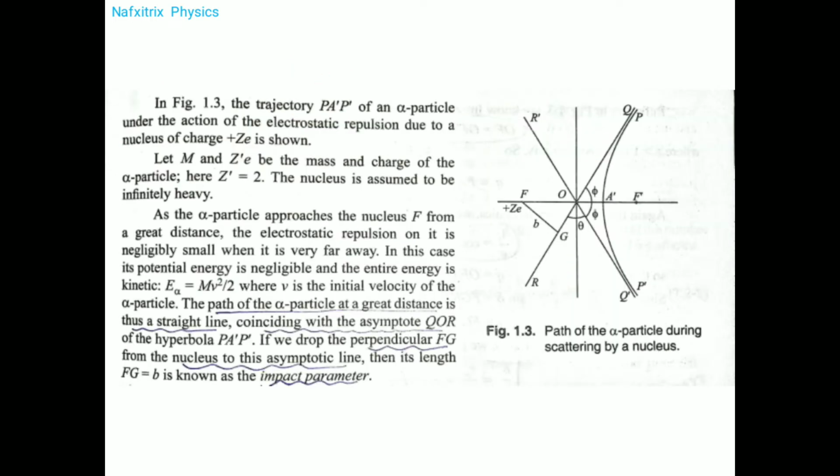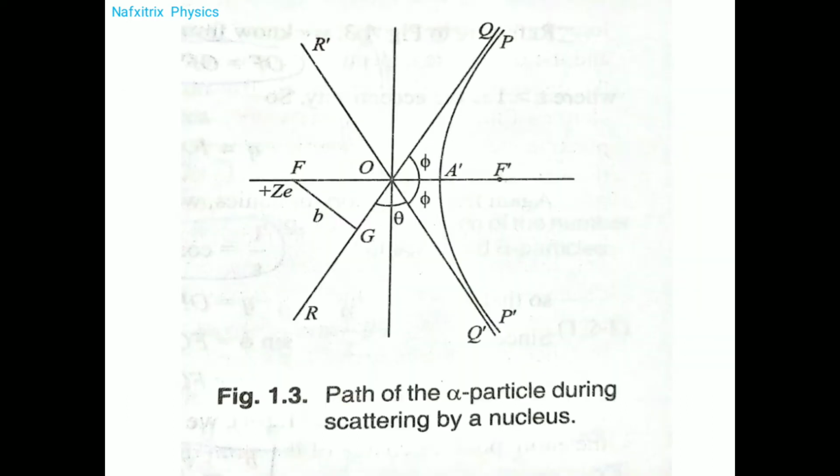That we could see from this diagram. Here you could see this is the hyperbola and this is the focus of this hyperbola. Actually the nucleus is located here, only one nucleus.